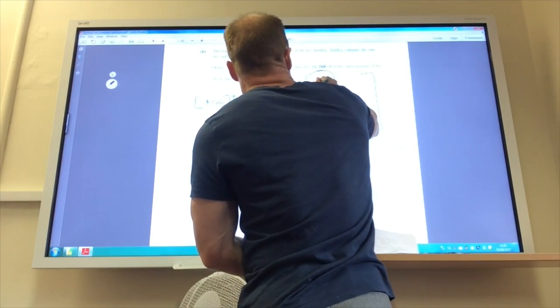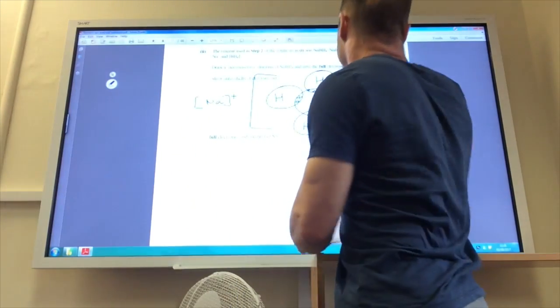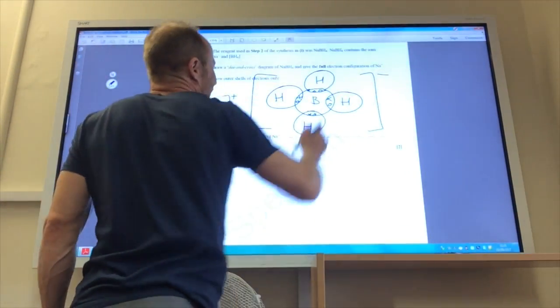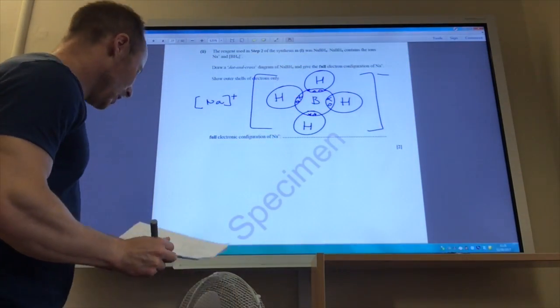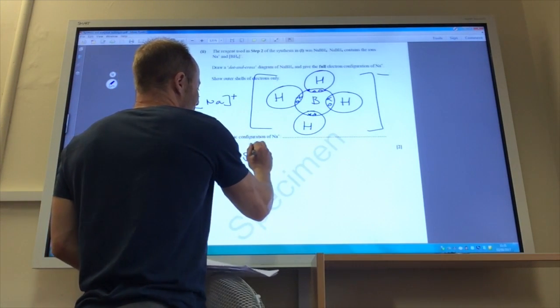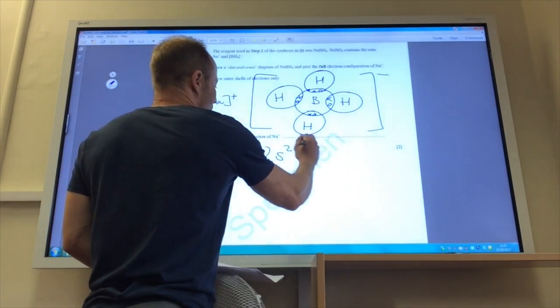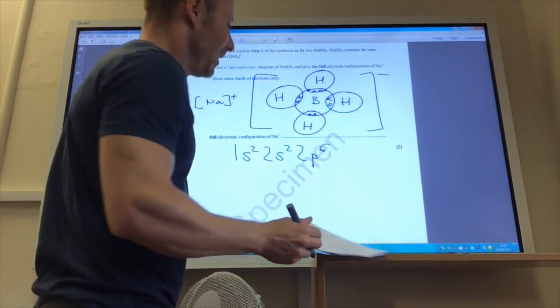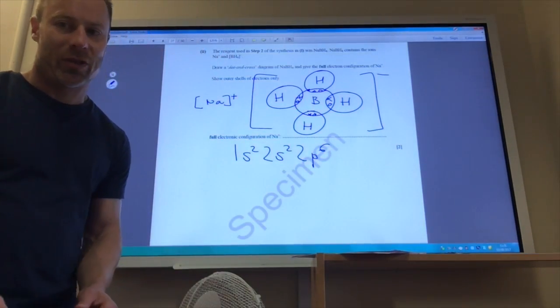So I'm going to use a triangle to represent the minus on the other electron being added in. The full electronic configuration of the sodium plus is 1s2, 2s2, 2p6, because it's lost its outermost electron.